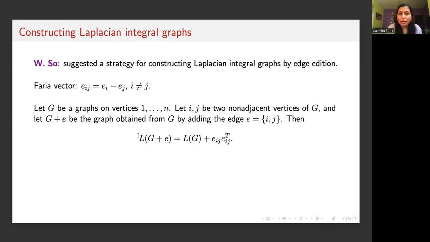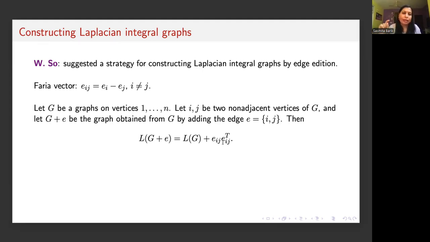So then the graph G plus e, if you look at its Laplacian matrix, will look like L_G plus e_ij e_ij transpose. So basically you are putting ones: a plus one entry corresponding to vertex i, because the degree increases, and corresponding to vertex j also the degree will increase by 1.